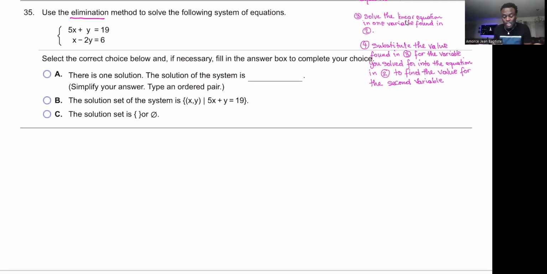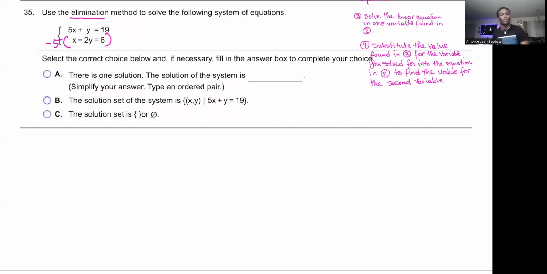If you decide to eliminate the x variable, since this one is 5x, you need to manage to have negative 5x. So I'm going to multiply the entire bottom equation by negative 5.